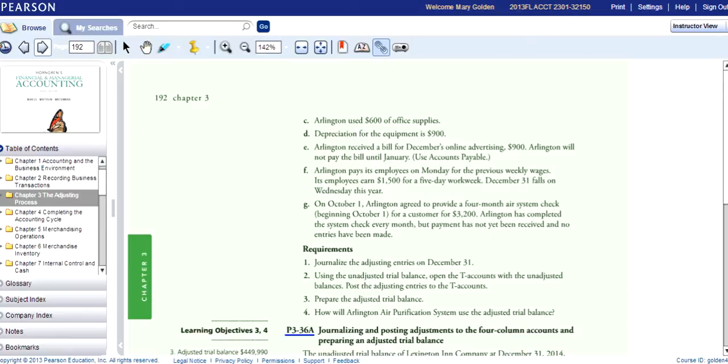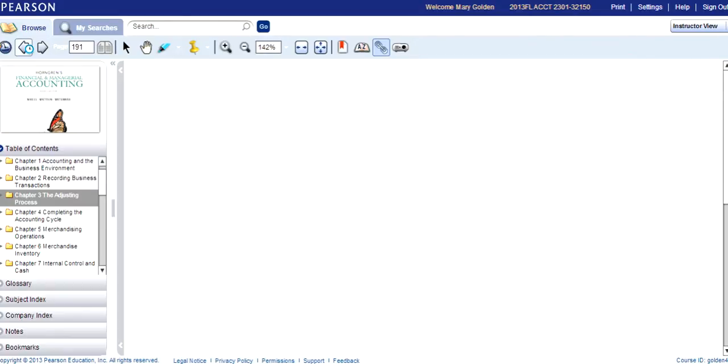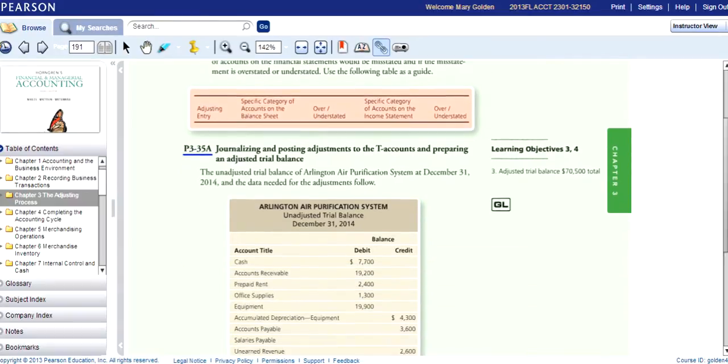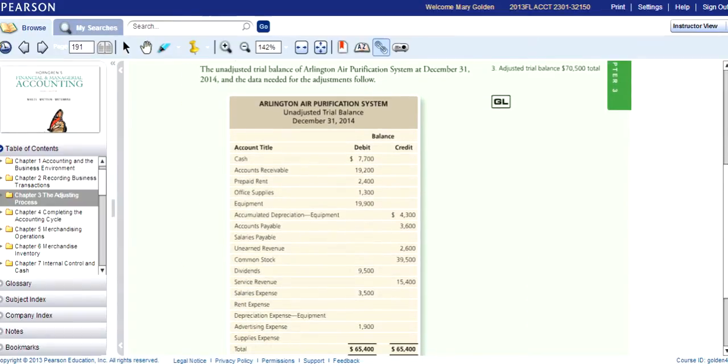Arlington used $600 in office supplies. So if we look at our unadjusted trial balance, we had $1,300 in office supplies, and we've used $600 of them. So we're going to have to credit office supplies for $600 and debit office supplies expense.